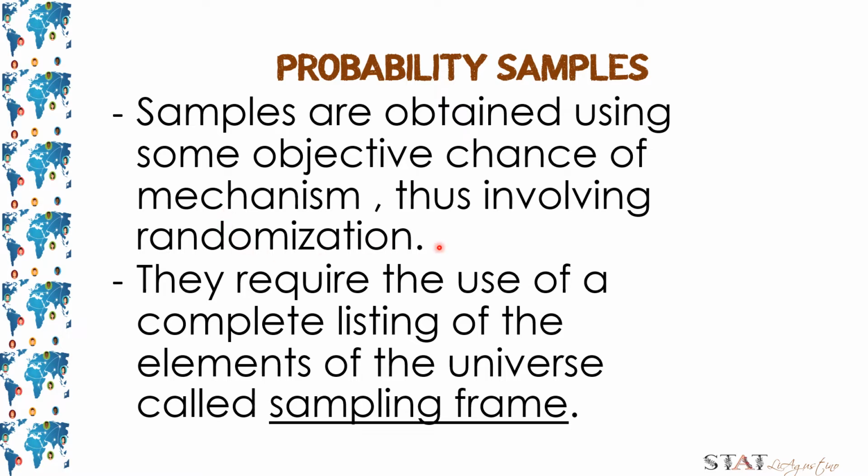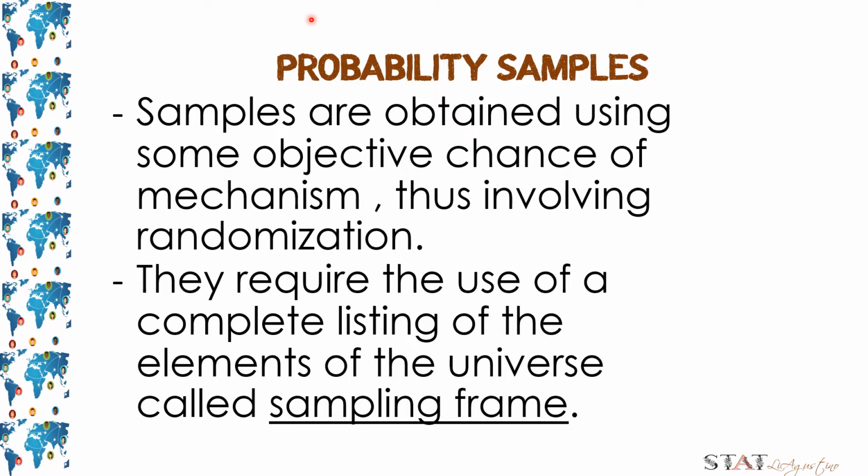This is the indicator that you have probability samples because of this principle, randomization. Take note of this, randomization. They require the use of a complete listing of the elements of the universe called a sampling frame. So of course you have the complete list of your population. So this is probability sampling.